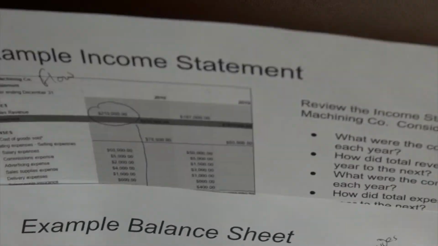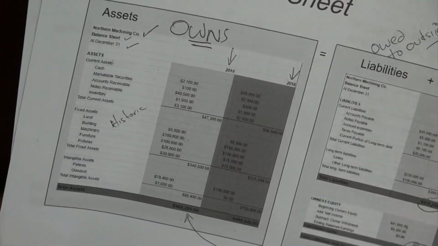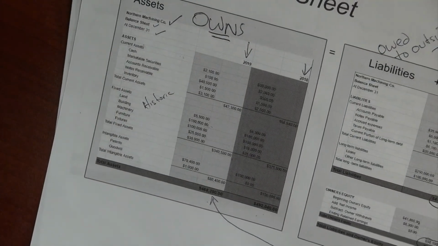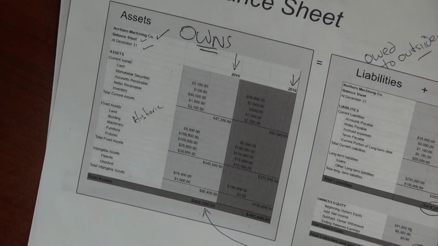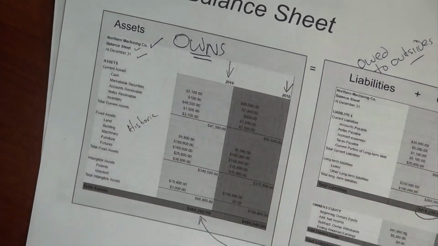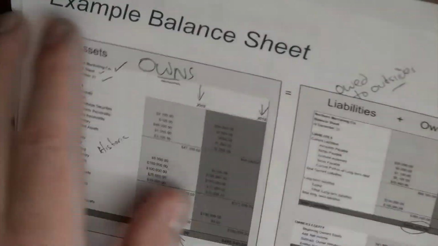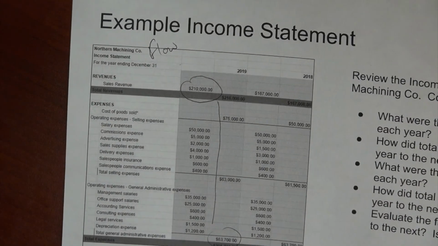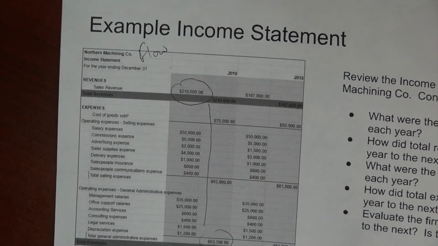Once you have some experience with these things, they start to make some sense. But the thrust of it, from our perspective for this course, is you have to recognize what a balance sheet is. It's a point in time that says our business owns this much and it owes this much. An income statement is a measure of how much is generated during the calendar year or during the fiscal year of a business.